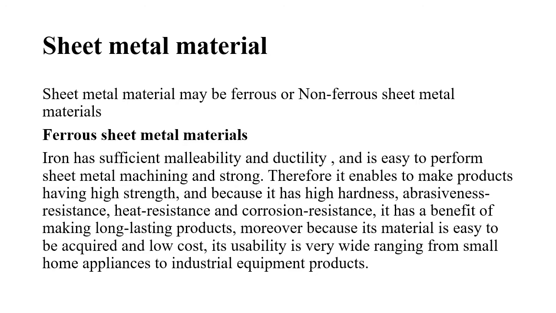But it is not only that, because ferrous materials are very strong, they are very hard, they are resistant to abrasion and so on, and they are also corrosion resistant. If we say they are corrosion resistant, it means they resist corrosion, but not much higher than non-ferrous materials.